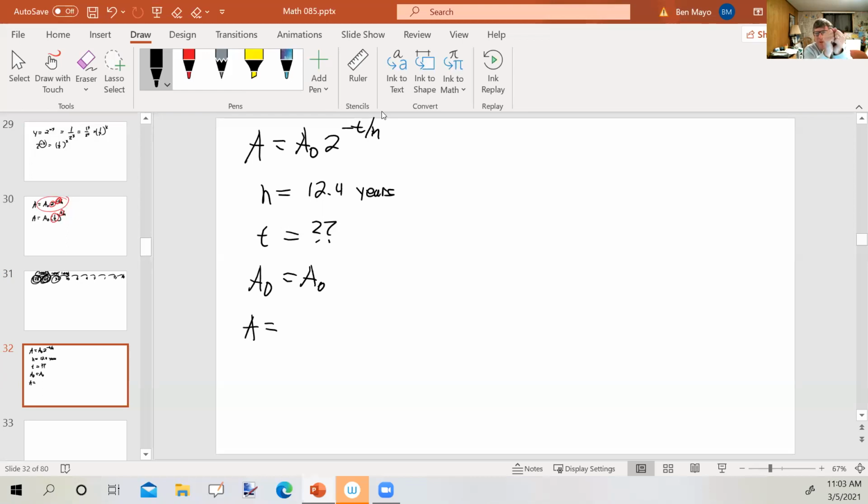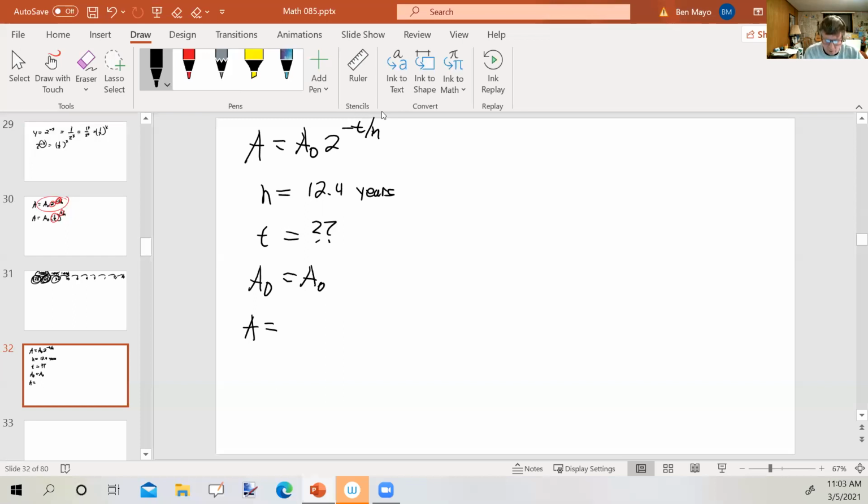So if I have a bunch of stuff and 25% of it decomposes, how much do I have left? 75.